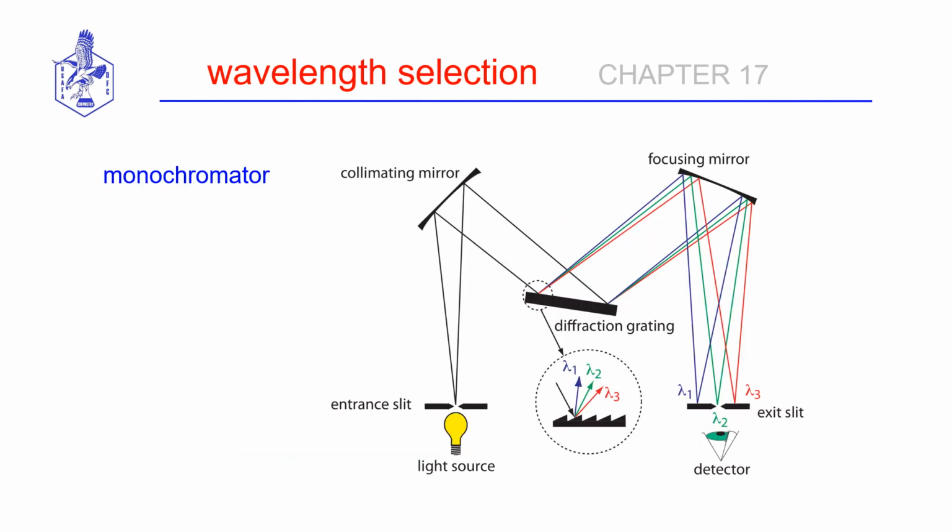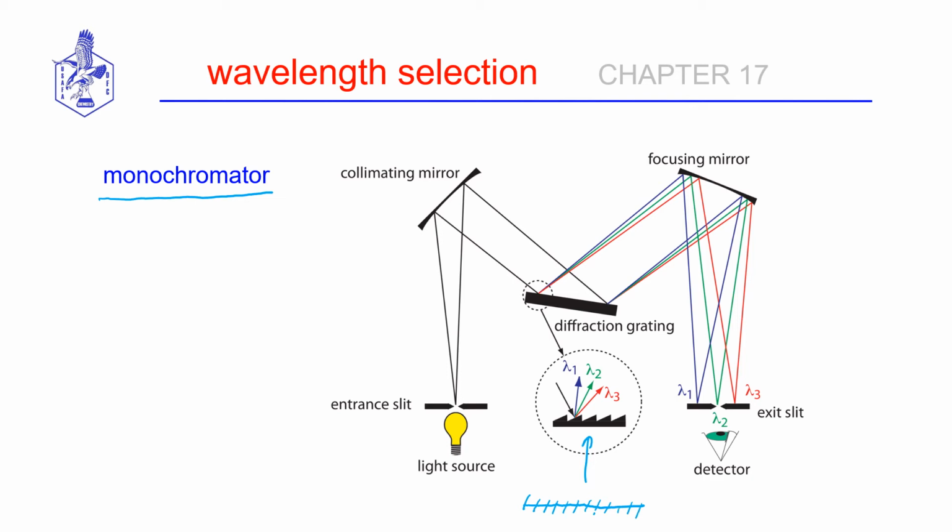The next component in our instrument serves the purpose of selecting a single wavelength out of the band of wavelengths emitted by the source lamp. The most common wavelength selection component is known as a monochromator. It is based upon the use of a diffraction grating in which we have etched, on a mirrored surface, little lines at a known and highly precise distance.